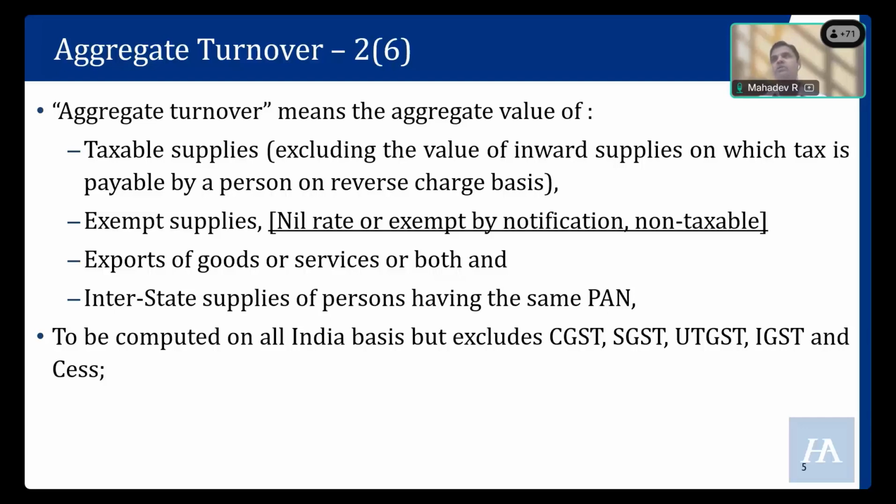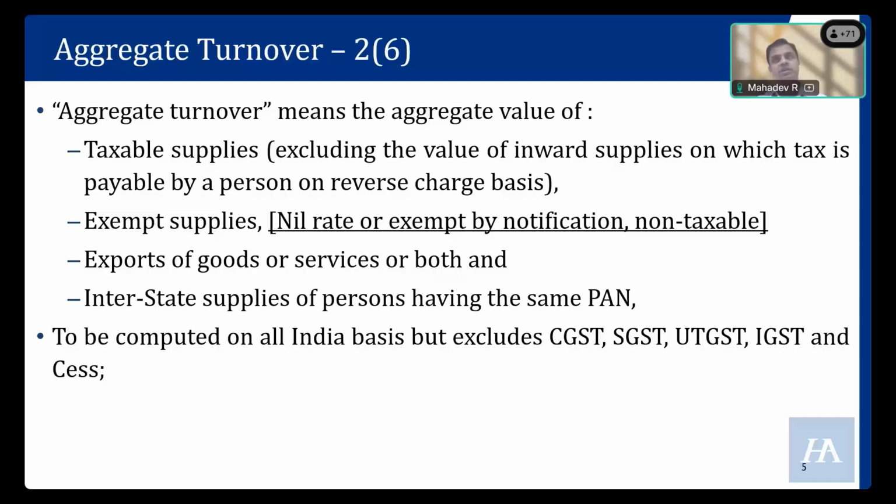Your value of advances is 10 crores. Whether GSTR 9C is required or not, the answer is yes. You should consider the advance receipts also for the supply, because even that will be considered to be a taxable supply. Then export of goods and services: even though you don't pay GST on exports, that needs to be considered.